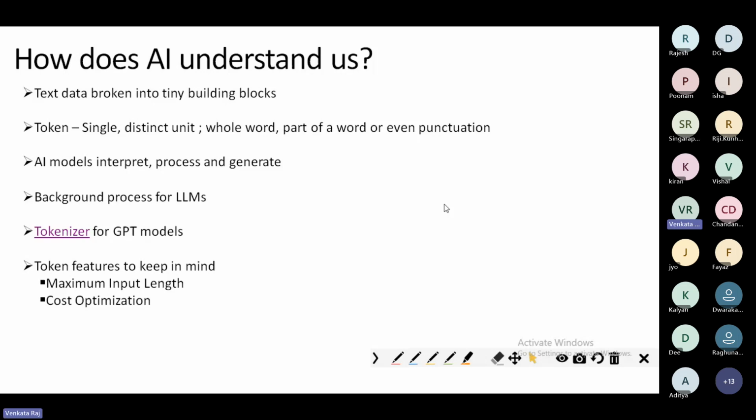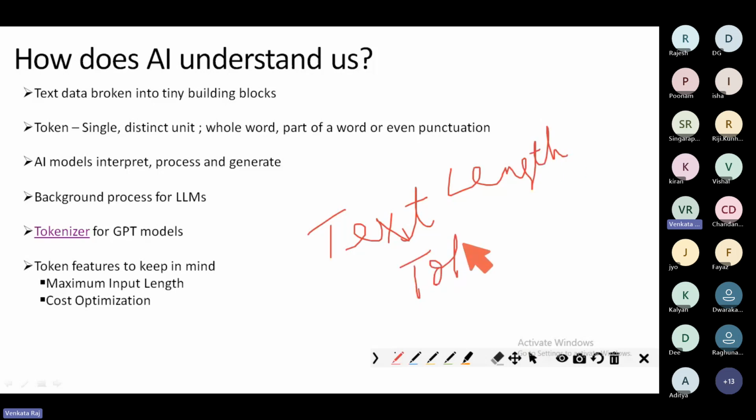And then cost optimization. The LLMs charge us on the basis of the tokens which are being used. Now you see, guys, the text which I entered, if I increase the text length, will the number of tokens increase or decrease? It will increase, right?